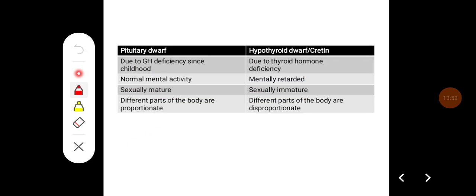This table shows some of the differences between pituitary dwarf and hypothyroid dwarf, which is also called cretin. Pituitary dwarfism occurs due to growth hormone deficiency in childhood, and cretinism occurs due to thyroid hormone deficiency in children less than 2 years of age. The mental activity is normal in pituitary dwarf, whereas the cretin dwarf is mentally retarded.